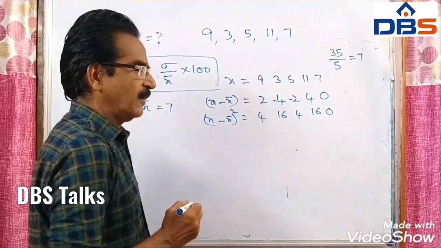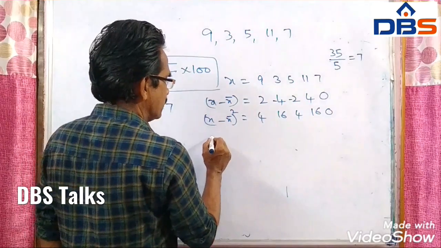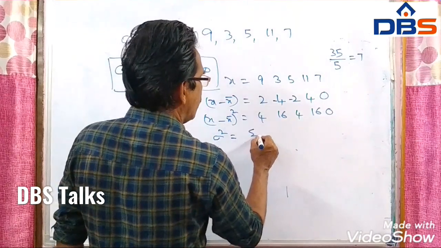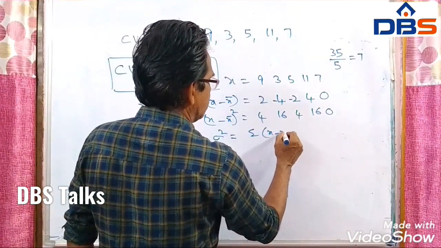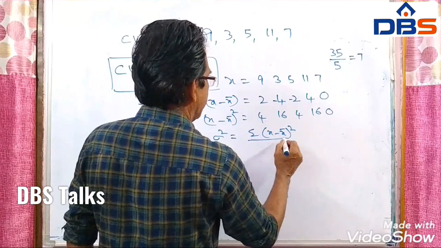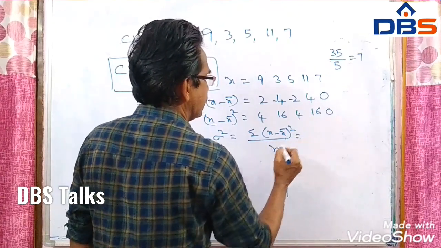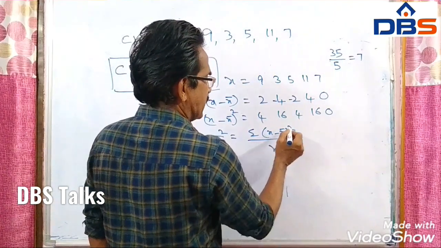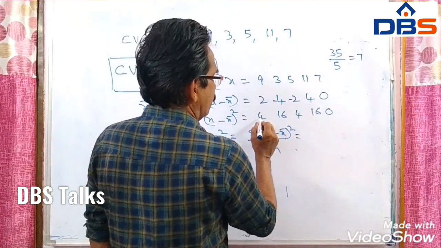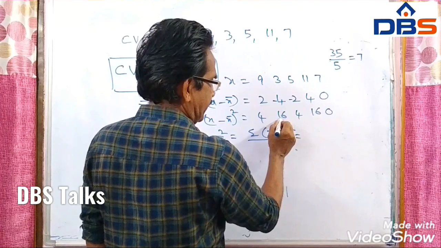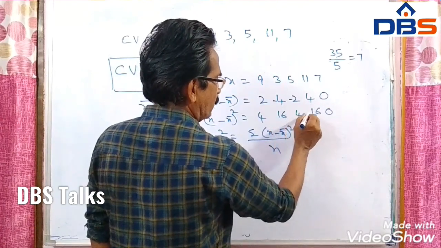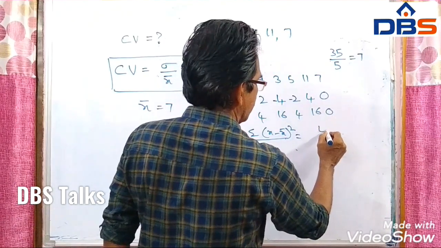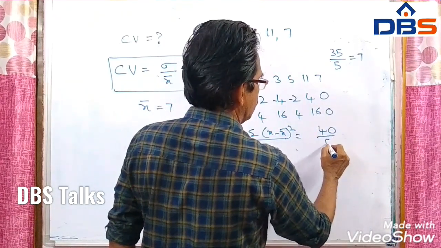So our variance formula, that is sigma square, is equal to sigma x minus x bar whole square by n, number of observations. Sum is 4 plus 16, 20, 24, 24 plus 16, 40. 40 by number of values 5.